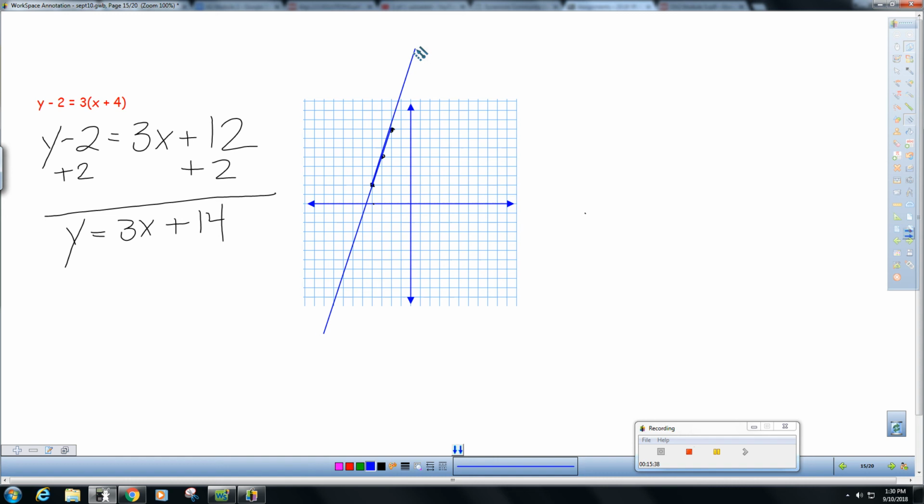And there we got the graph of that line. Notice that line contains the point 2, -4. No, sorry. Okay, we're good. We're good.